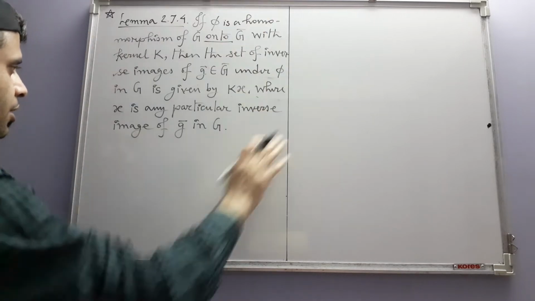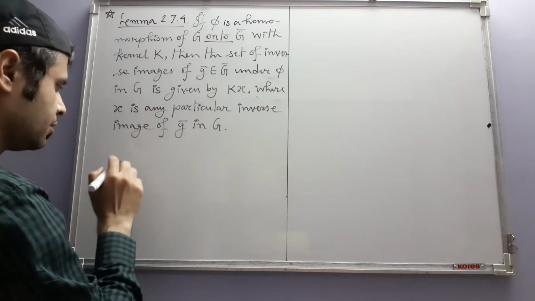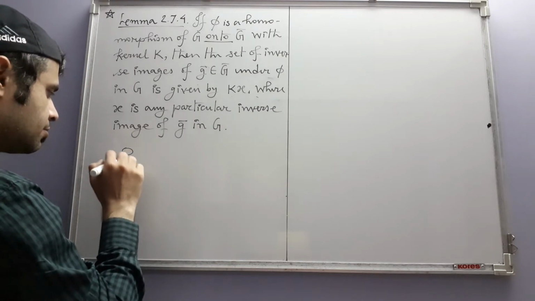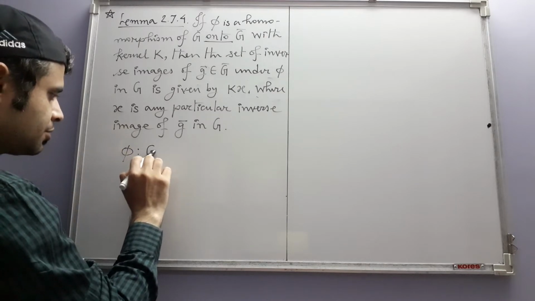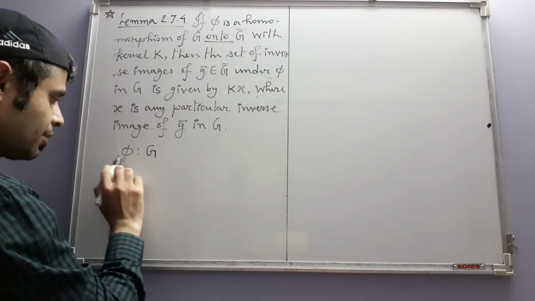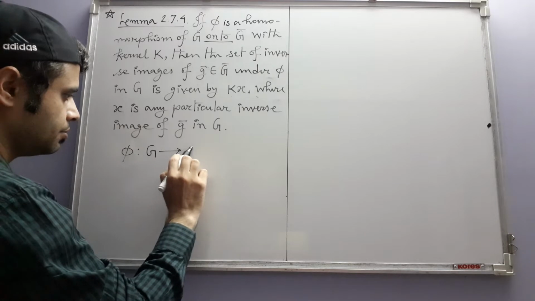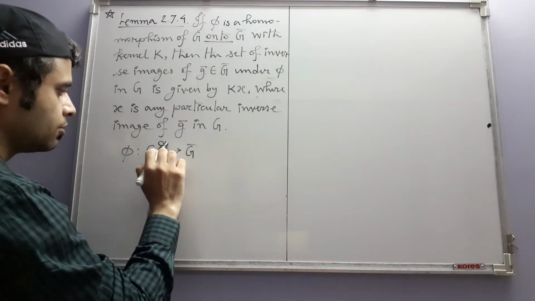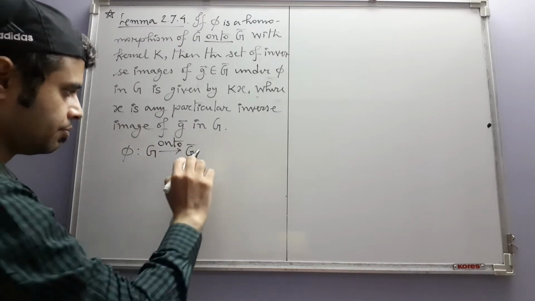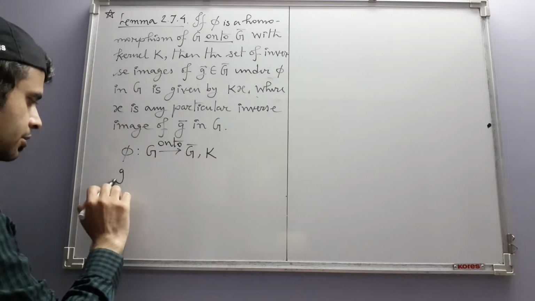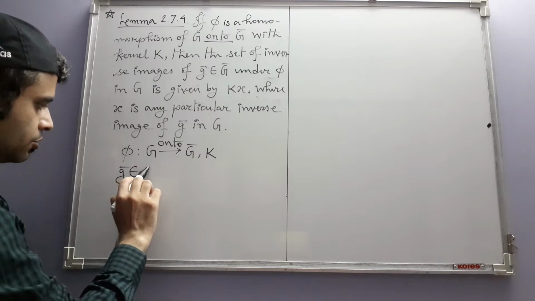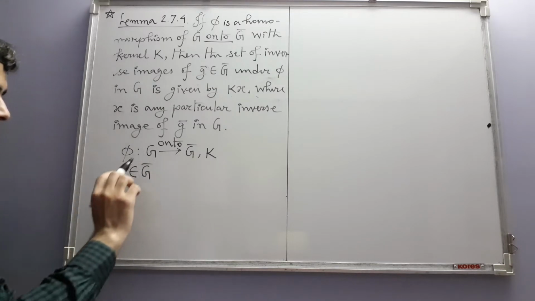We have in front of us the statement of the lemma, but briefly it means this, without all the writings. We have a homomorphism phi from a group G onto a group G bar with kernel K, and say we choose any element G bar in the second group.